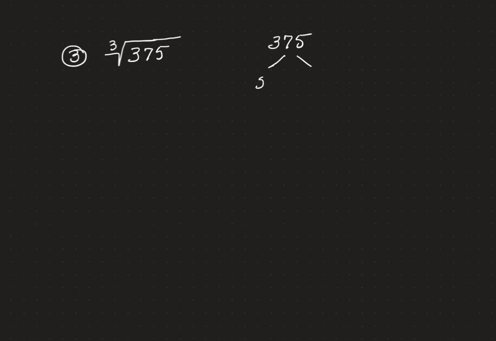It ends in a 5, so I know 5 is a factor, and 5 times 75 will give me 375. I can take another 5 out of there. 5 times 15, okay? And 15 becomes 5 times 3. So now I have 375, and it equals 5 times 5 times 5 times 3.